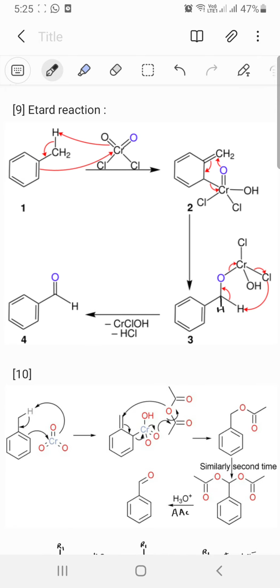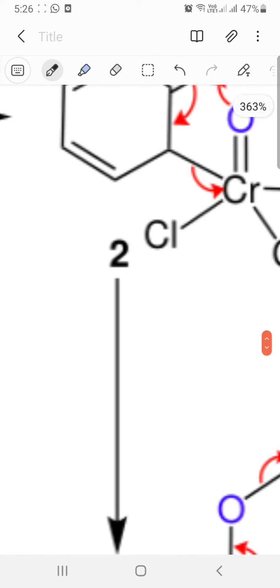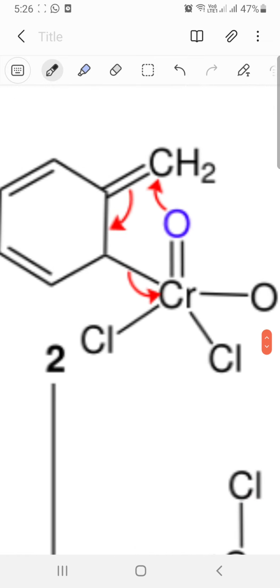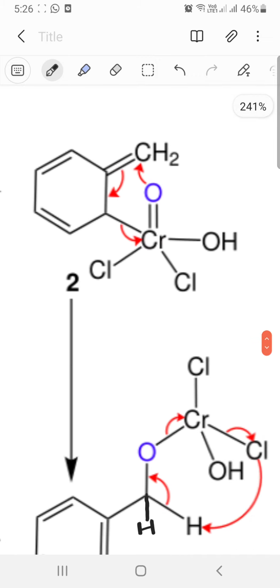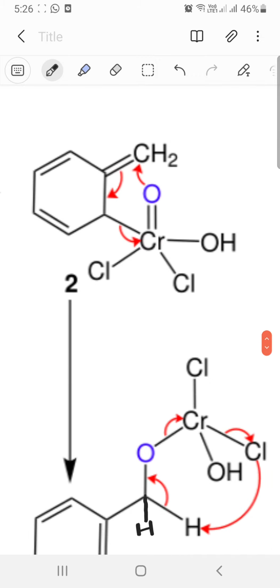After that, what happens? Okay, after that it attaches to that. That's weird. Oh, so it changes the position. Oh, that's clever. Wow, that's a nice mechanism.